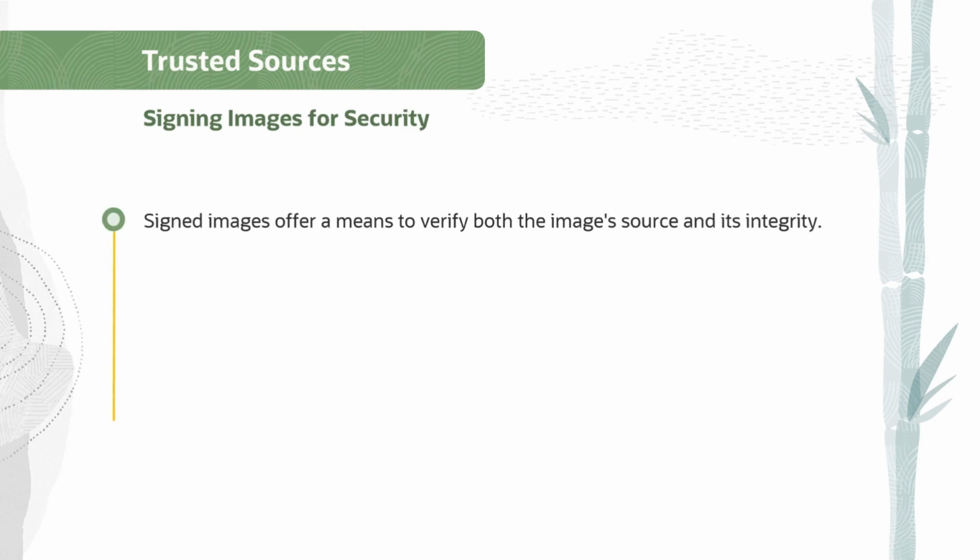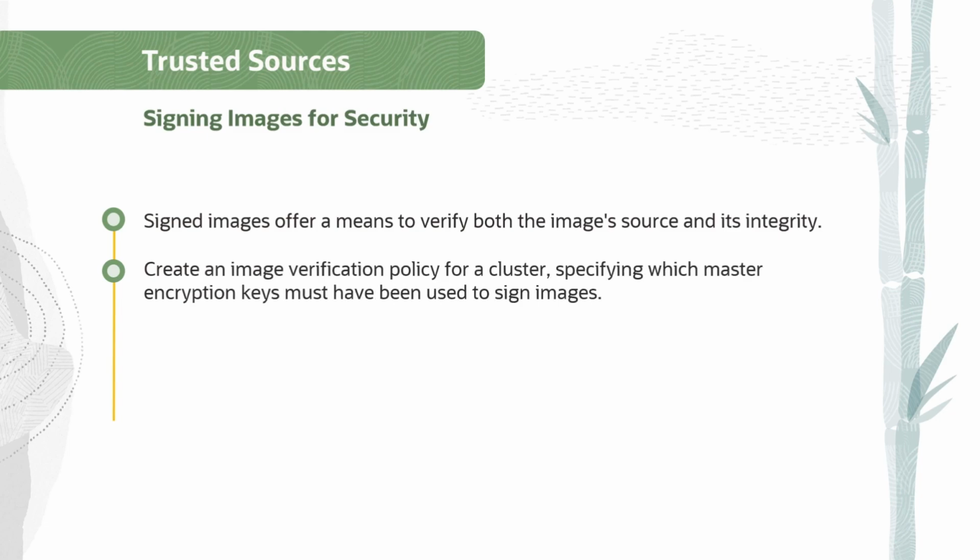Firstly, signed images play a pivotal role, providing a means to verify both the source and the integrity of the image. To further strengthen this, administrators can create image verification policies for clusters, specifying which master encryption keys must have been used to sign images.